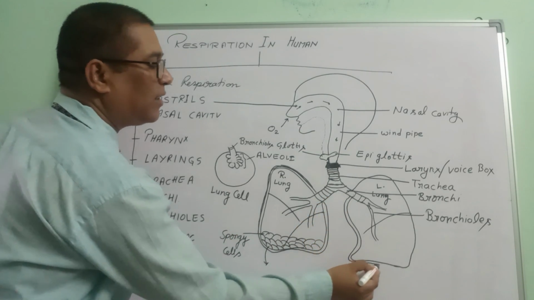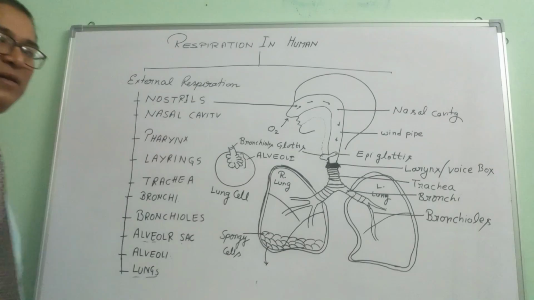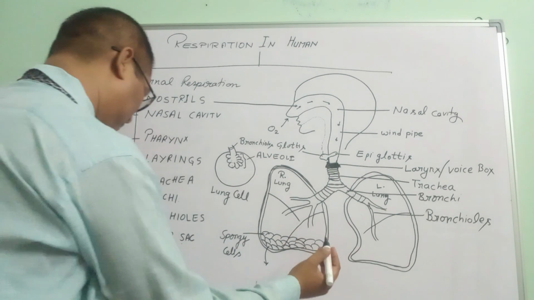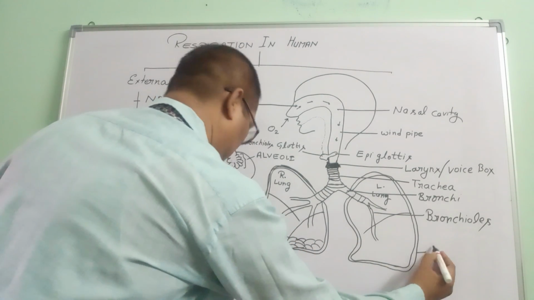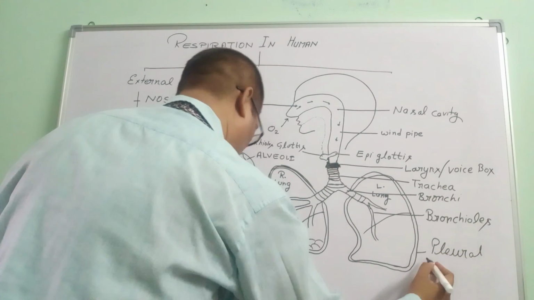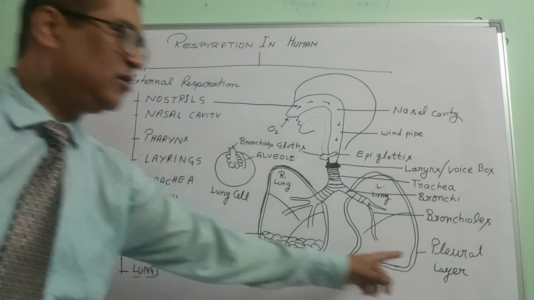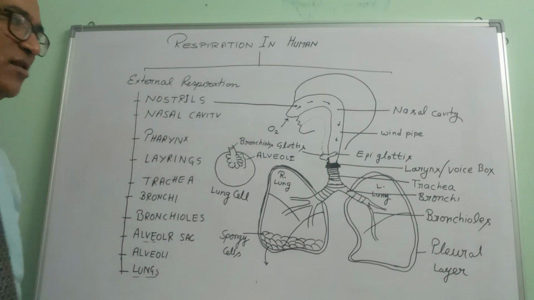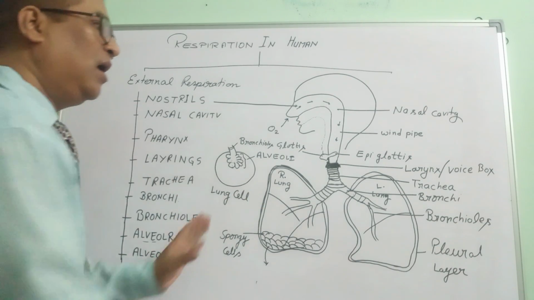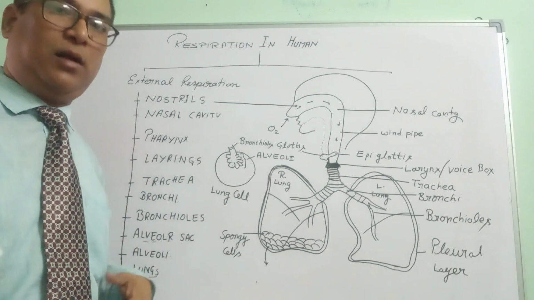This is the protective layer of the lung, and that protective layer is called the pleural layer, right? This pleural layer protects the lungs from external injury. And both of the lungs are situated in our thoracic cavity, inside the rib cage.